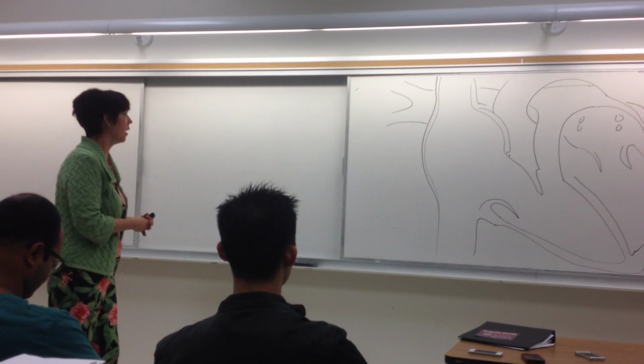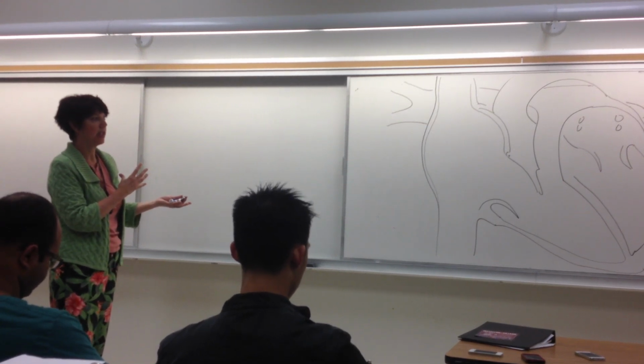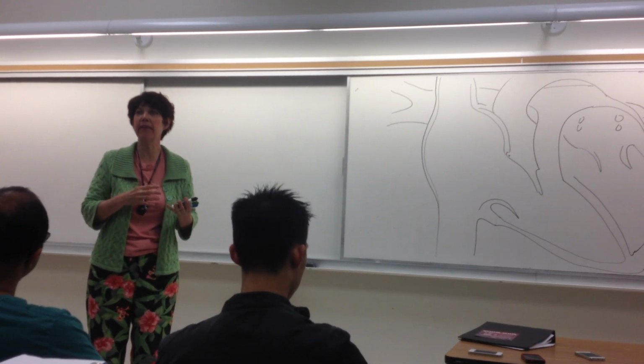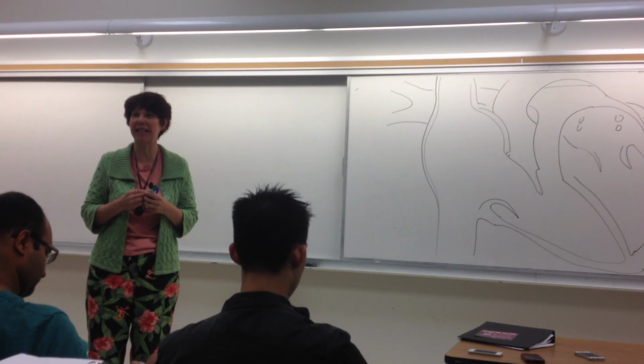Okay? So we have a left side of the heart and a right side of the heart. And then we have upper chambers and lower chambers. The right side of the heart is receiving and pumping deoxygenated blood.